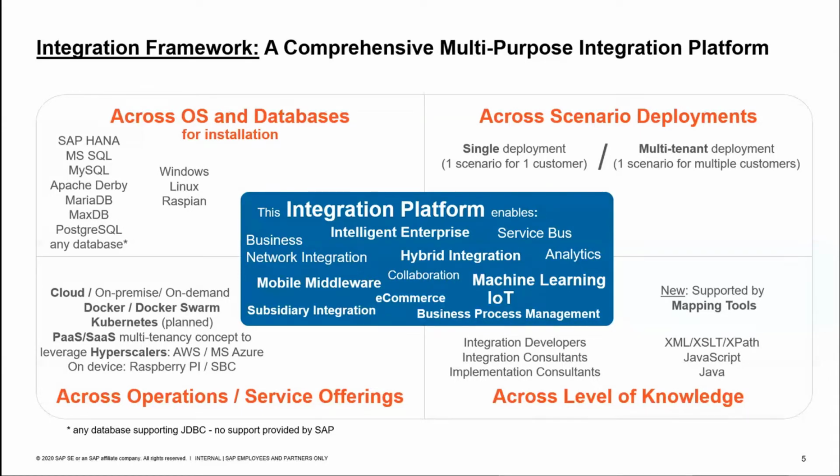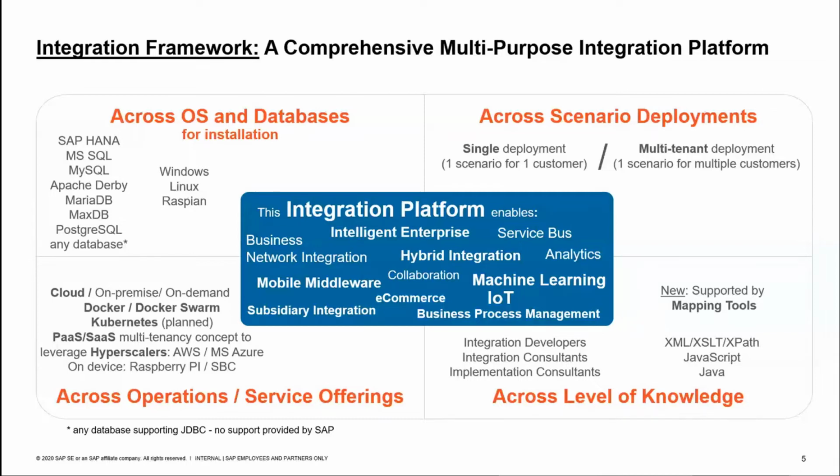I think this fulfills all kinds of integration requirements for those who want to deploy Business One for SQL and for HANA. Those two main databases are supported, but it is possible to connect to any additional database system by using the JDBC adapter.